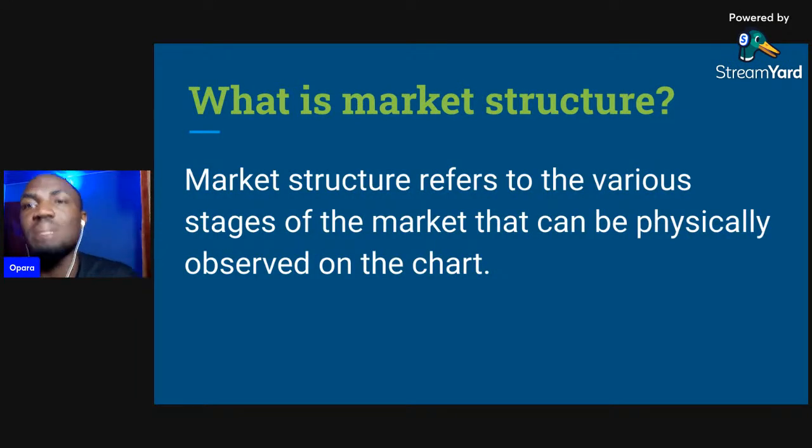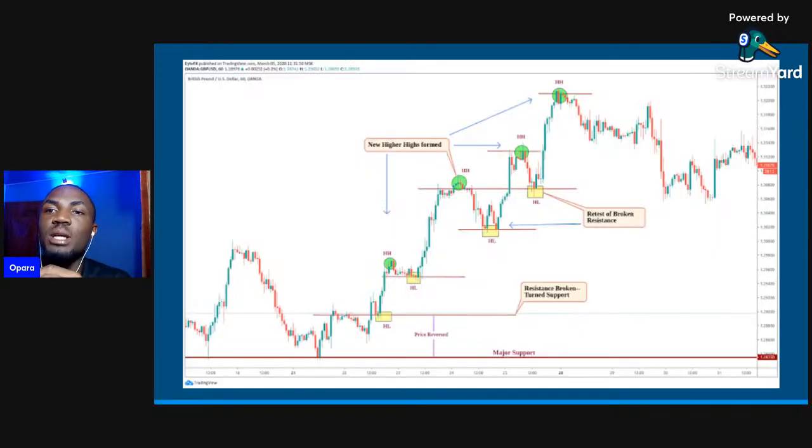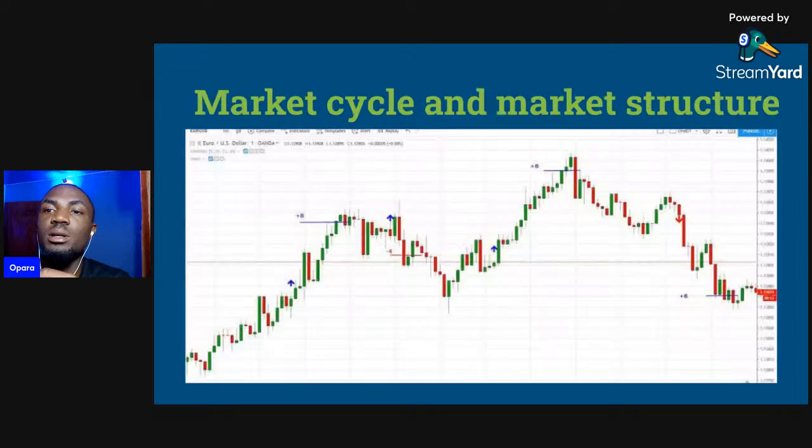So what is market structure? Market structure refers to the various stages of the market that can be physically observed on the chart. When I was showing you the market structure, I know some of you look at it and won't be able to make meaning from this particular chart, simply because you don't have any idea of market structure, right?